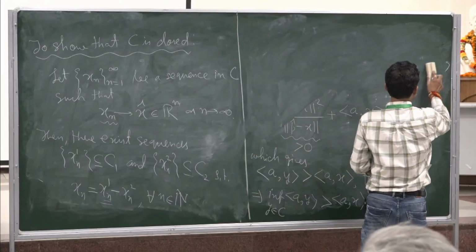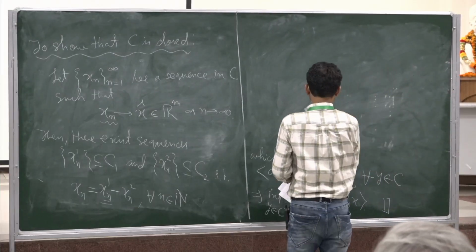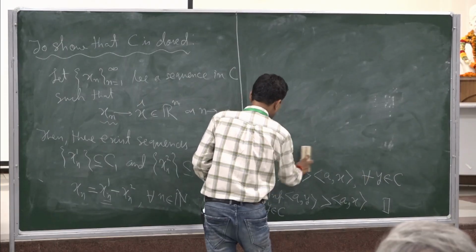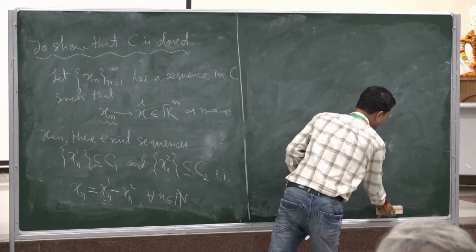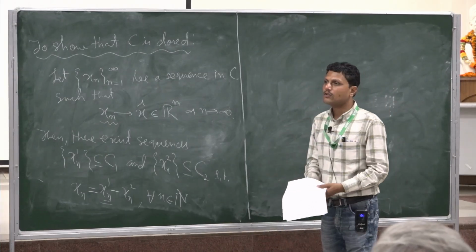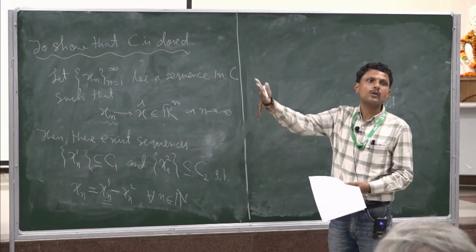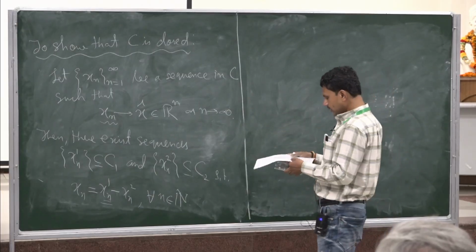So for convergence we need another assumption that we have imposed on C1. Again, we have used it in the previous result. If C1 is bounded, then what will happen? There will be a subsequence of this sequence which will be convergent, right? So we are going to use this.